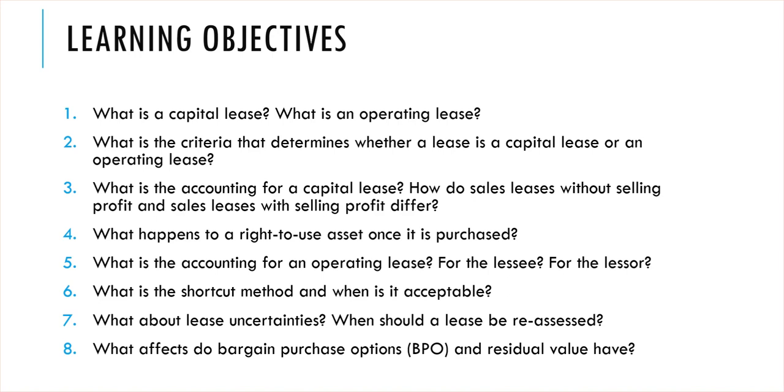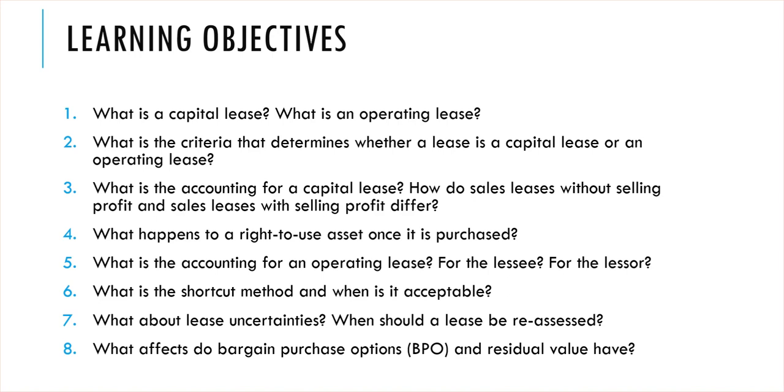And when we work through our problems, you'll see that we will be returning back to that criteria in learning objective 2, because once you determine if it should fall under the capital finance or the operating, then it's going to tell you how you are going to put it in your financials and how you're going to record your journal entries.